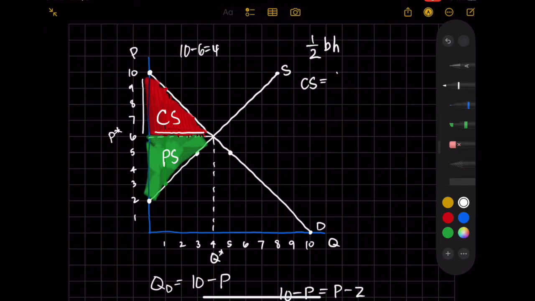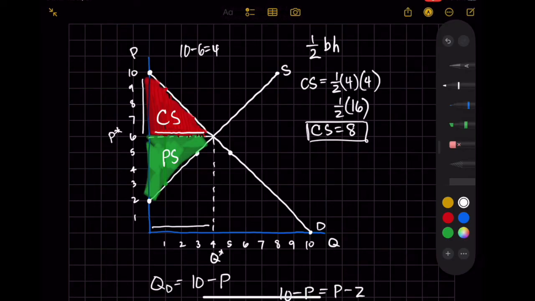So consumer surplus is equal to 1/2 times the base, which is this distance here, 0 to 4, so that's 4, and the height between 6 and 10, which is also 4. We can start combining terms here. 4 times 4 is 16 times 1/2. And so 16 divided by 2, consumer surplus equals 8.